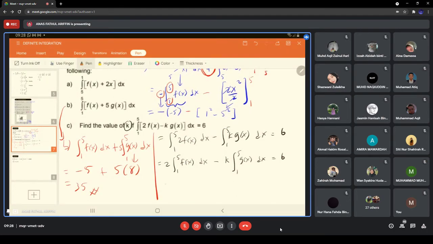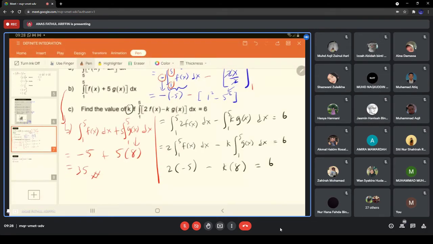So 2 times -5 and then minus k times 8 equivalent to 6. Now we solve for k. Kita selesaikan untuk k. Kita akan dapat k equivalent to negative 2. Boleh?